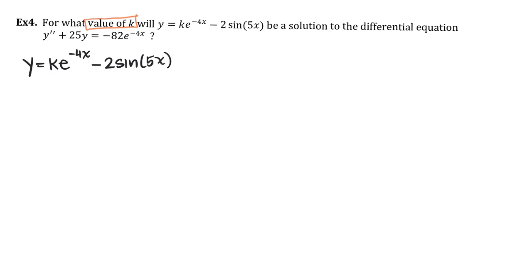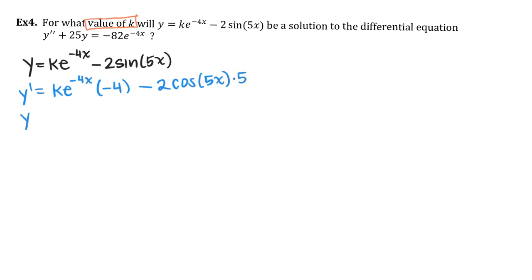Okay, let's take the first derivative of this thing. The derivative of e to the negative 4x is e to the negative 4x, times the derivative of negative 4x by the chain rule, so times negative 4, minus 2 times the derivative of sine, which is cosine, chain rule, so now times the derivative of 5x, which is 5.